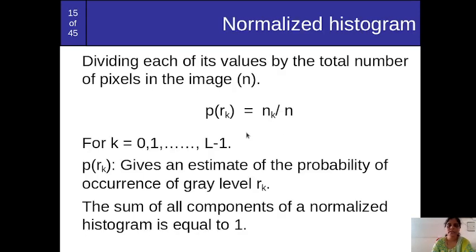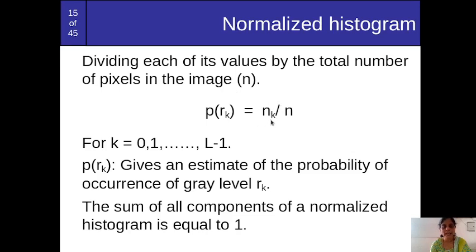Having said this, because the pixel counts vary so much, it becomes very difficult to process these different valued pixels. So it is common practice to use normalized histograms. What do we mean by a normalized histogram, and how do we obtain it? Very simple. We divide each of its values by the total number of pixels present in the image.